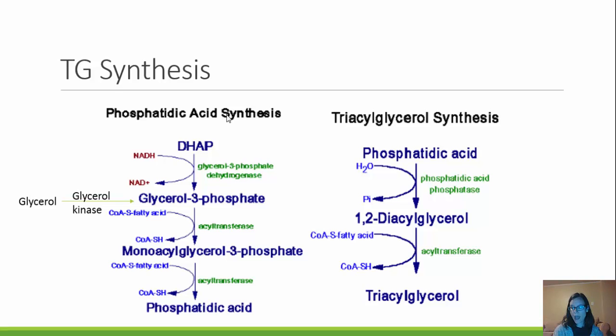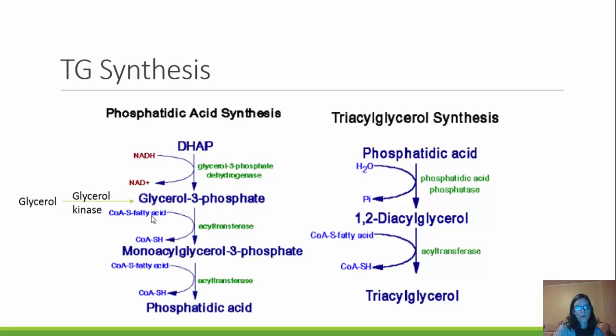So the glycerol backbone of triglycerides in other tissues, such as the liver, is activated by phosphorylation at the C3 position by glycerol kinase in order to produce G3P here. For fats, we utilize DHAP for the backbone, and that's carried out through the action of glycerol 3P dehydrogenase and requires NADH.